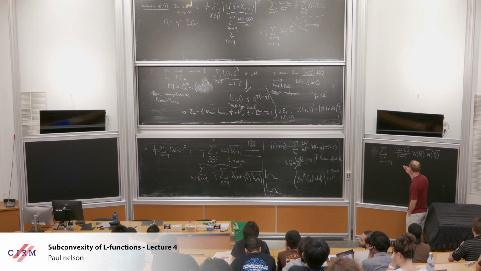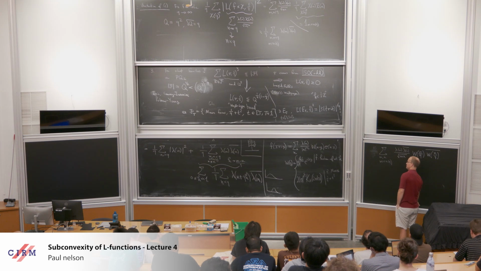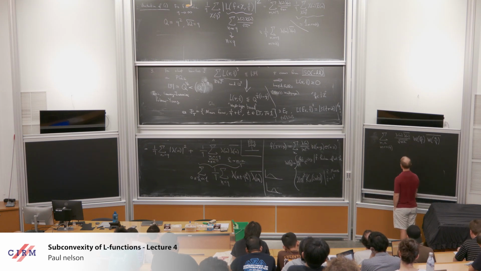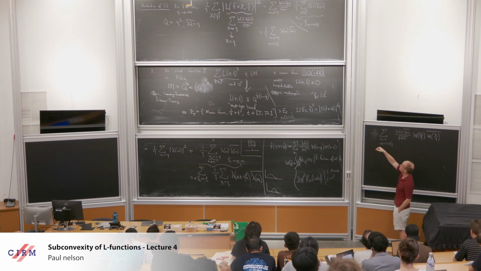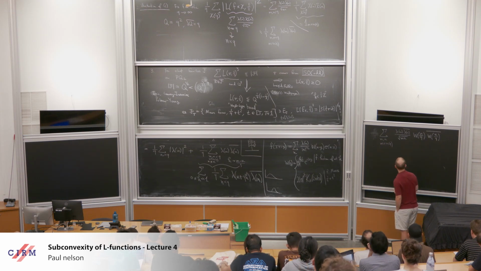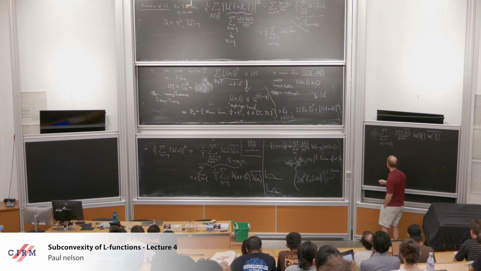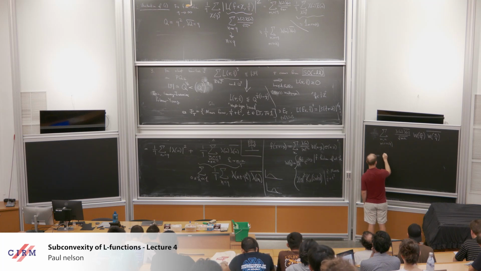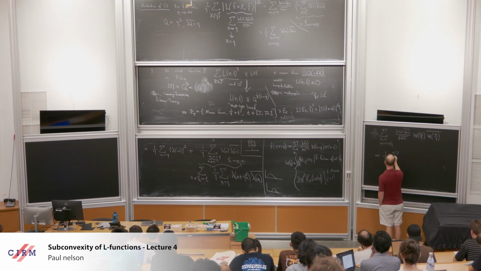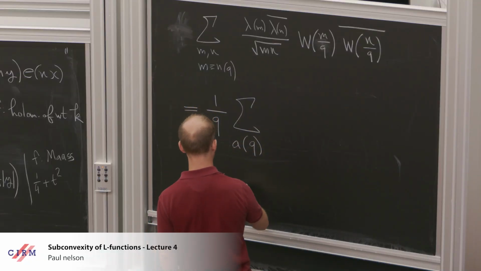All right, so, well, you can, of course, detect the condition that m is congruent to n mod q using multiplicative characters, as we did above, more or less. But you can also do it using additive characters, right? So the claim is that this is exactly equal to 1 over q times the sum over all a mod q.